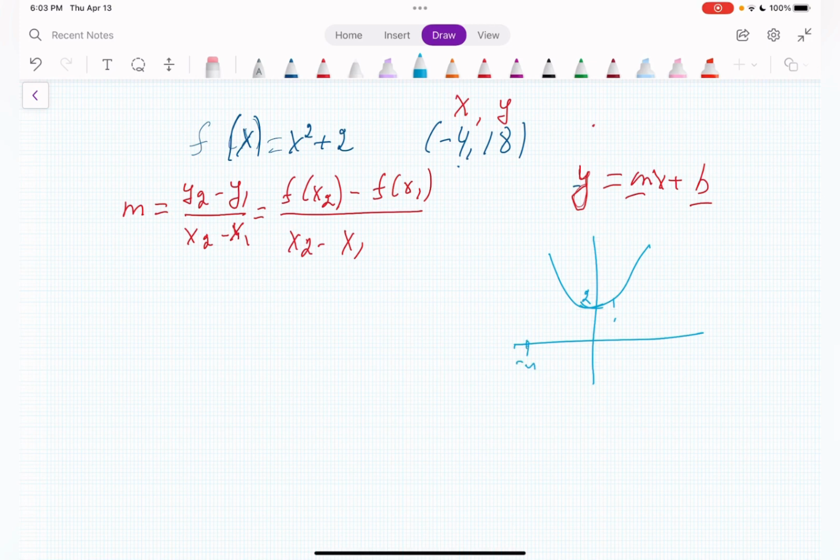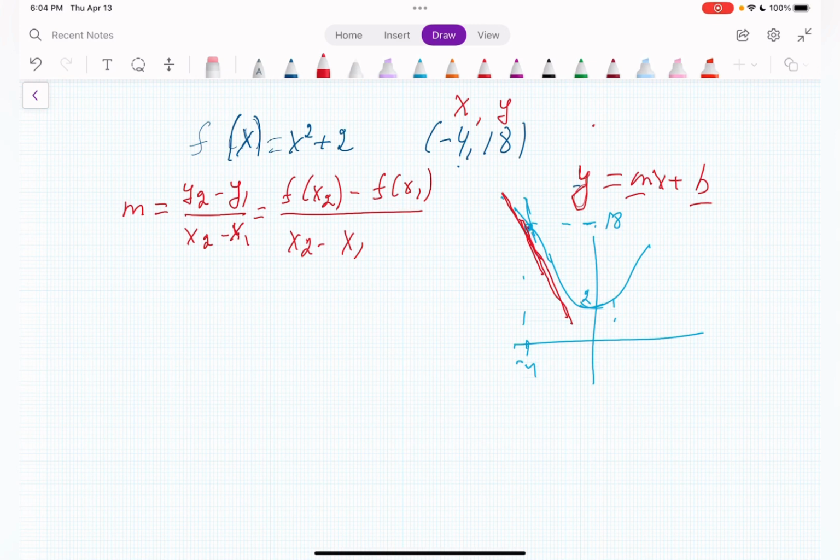Let's say this is -4, and somewhere here, use your imagination, this is 12 at this point. And the tangent line is going to go like this. The tangent line is the line that touches the curve in one point, and that's the point (-4, 12).